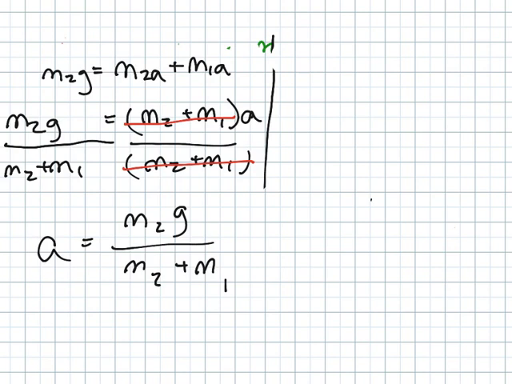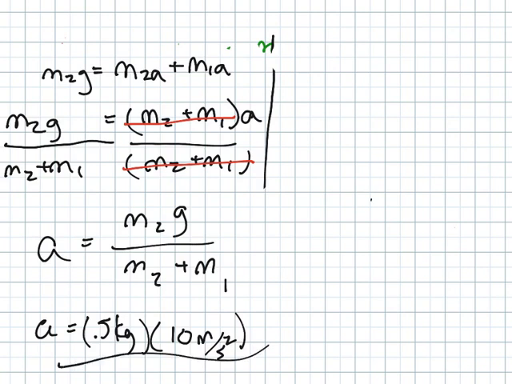So A is going to be, M2 was 0.5, times G, which is about 10, divided by M2 plus M1, so 1.5 kilograms.